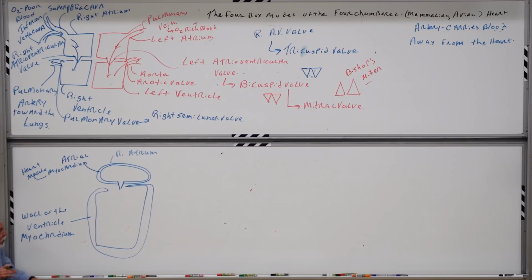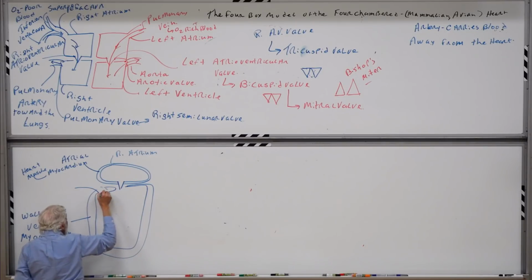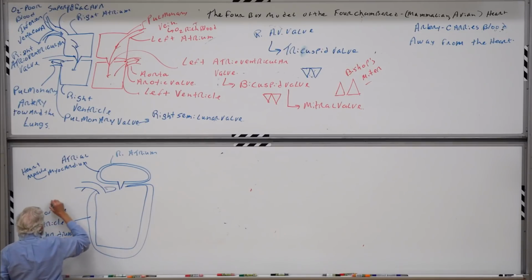The myocardium is simply muscle, and coming out of this structure, I'm going to do it this way, is going to be the structure we described above, being the pulmonary artery.